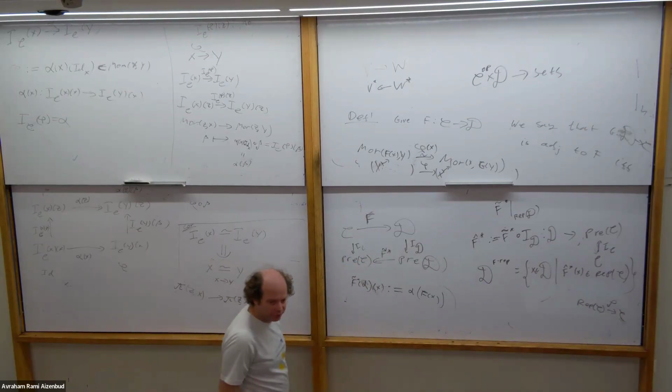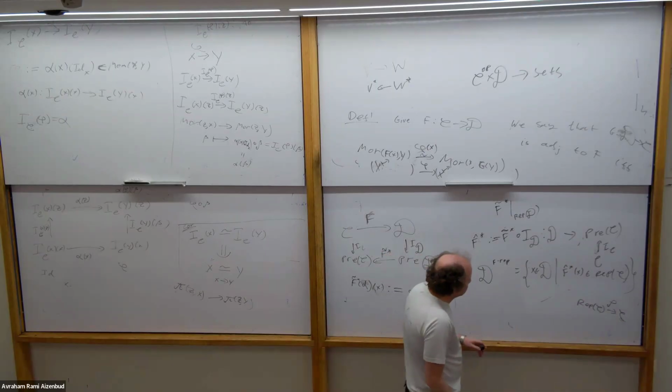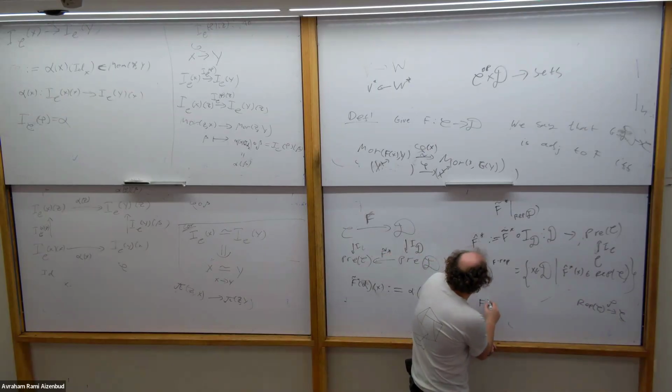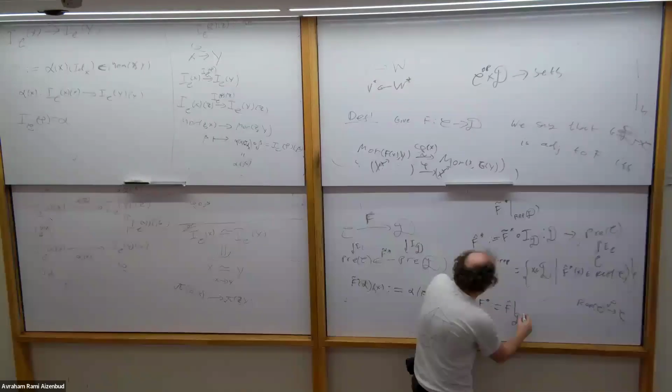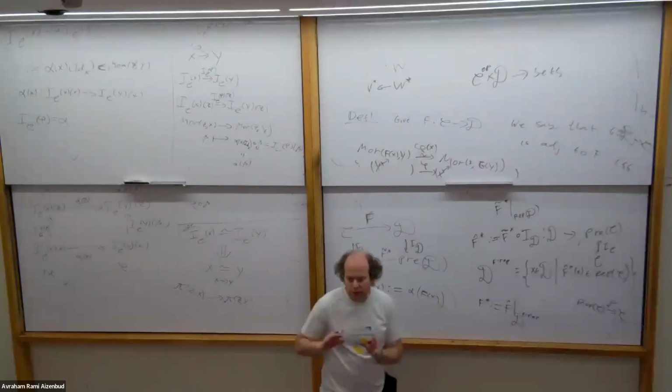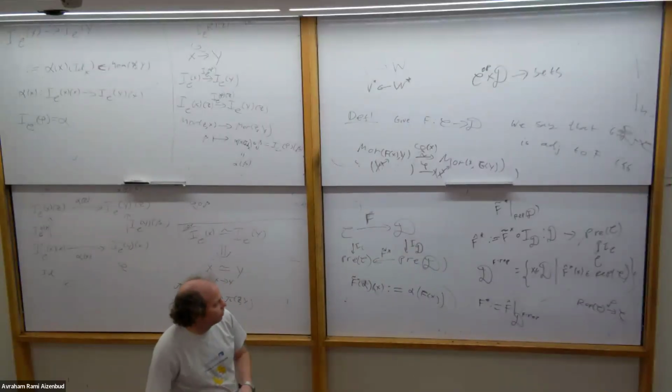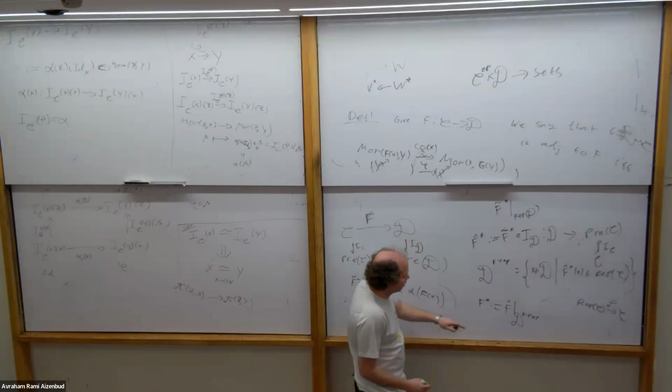This is kind of the inverse of the Yoneda embedding. And then we can define F star to be F hat restricted to D rep. So it's not defined on the entire category D, but only on those objects whose image is representable.